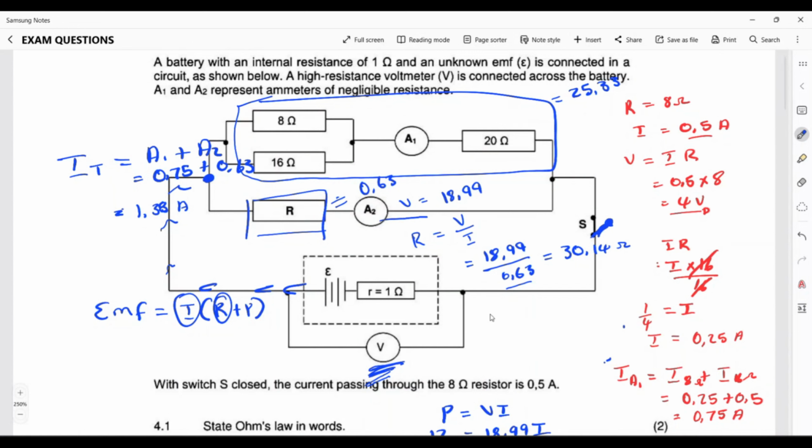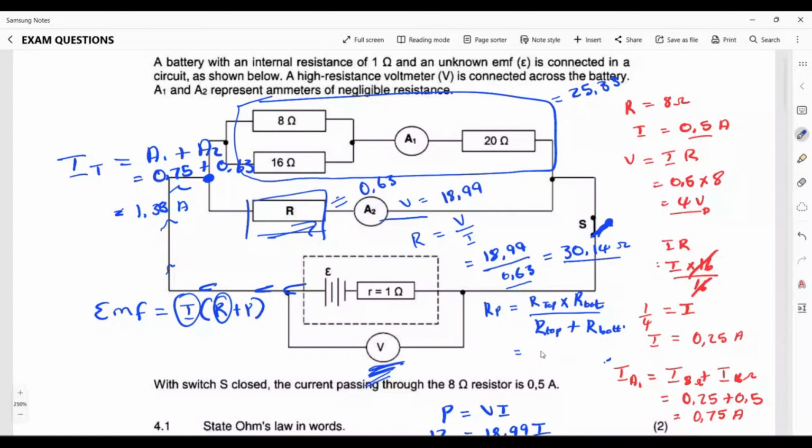What I mean is I'm going to say RP is going to be R top multiplied by R bottom for the bottom branch, which is the 30.14, divided by R top plus R bottom.